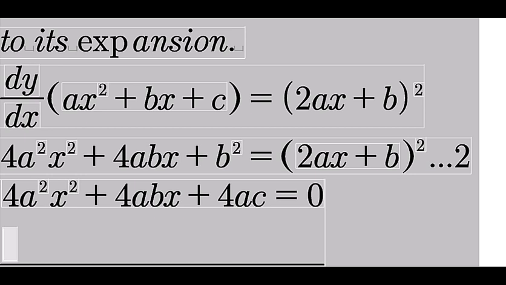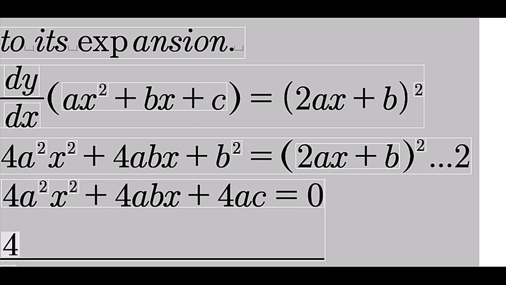The second one becomes 4a squared x squared, the x is also squared, plus 4abx plus b squared, equal to the binomial. Let me write this first.